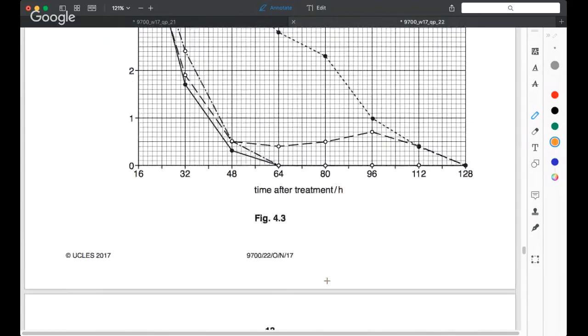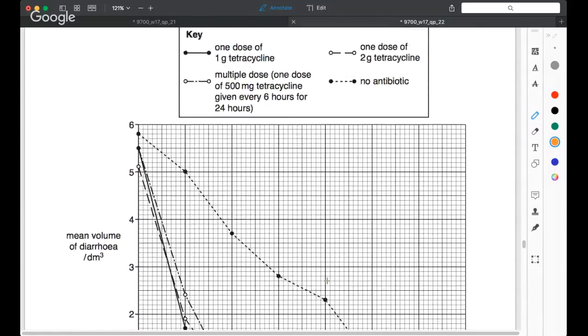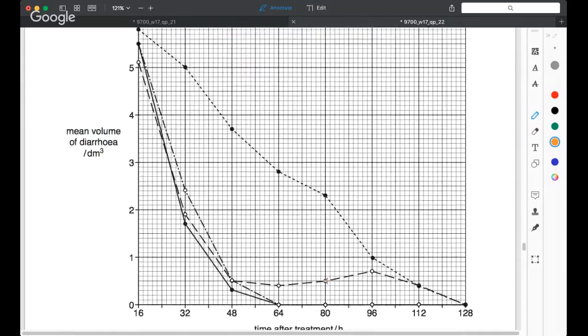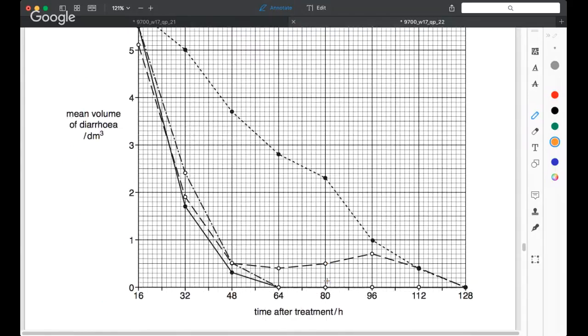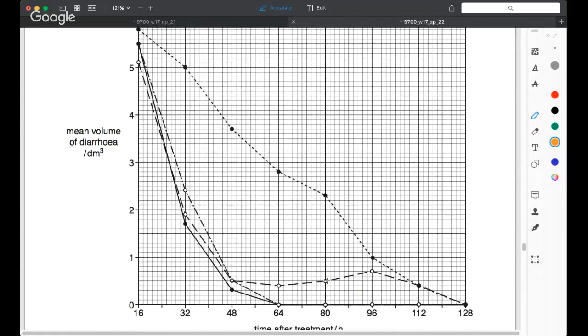Trend. Then, the one without an antibiotic causes the patients to have more diarrhea from most of the 128 hours than the others.